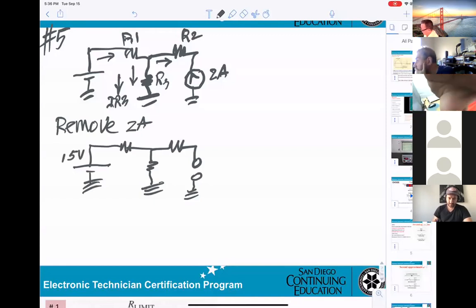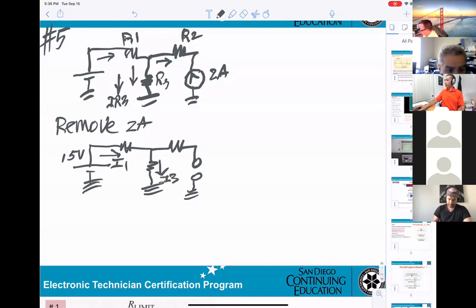And now you can see the current flow here, I1. There will be I3, and that will be I2. So you calculate I1.